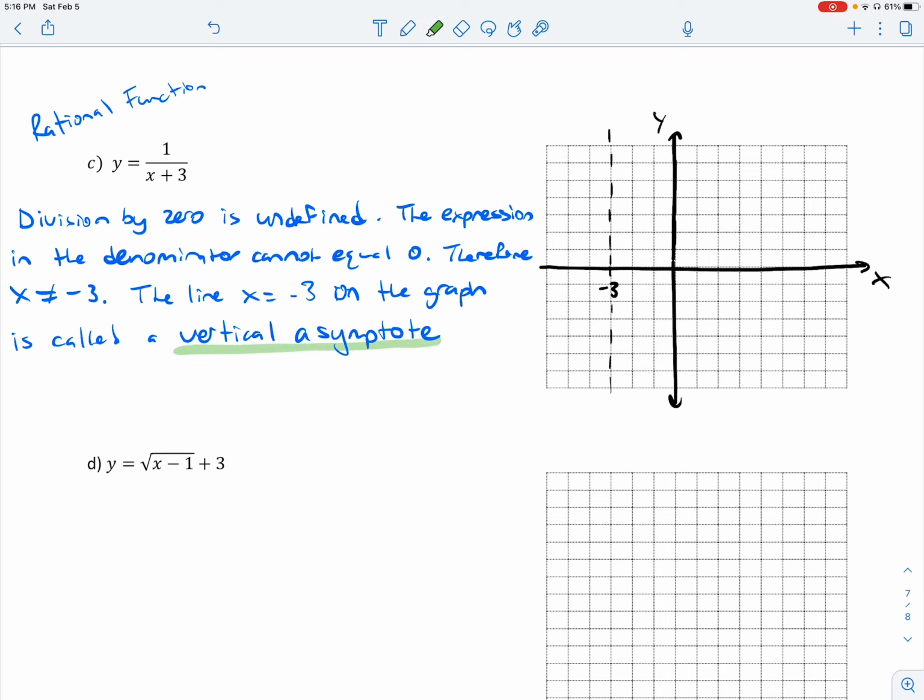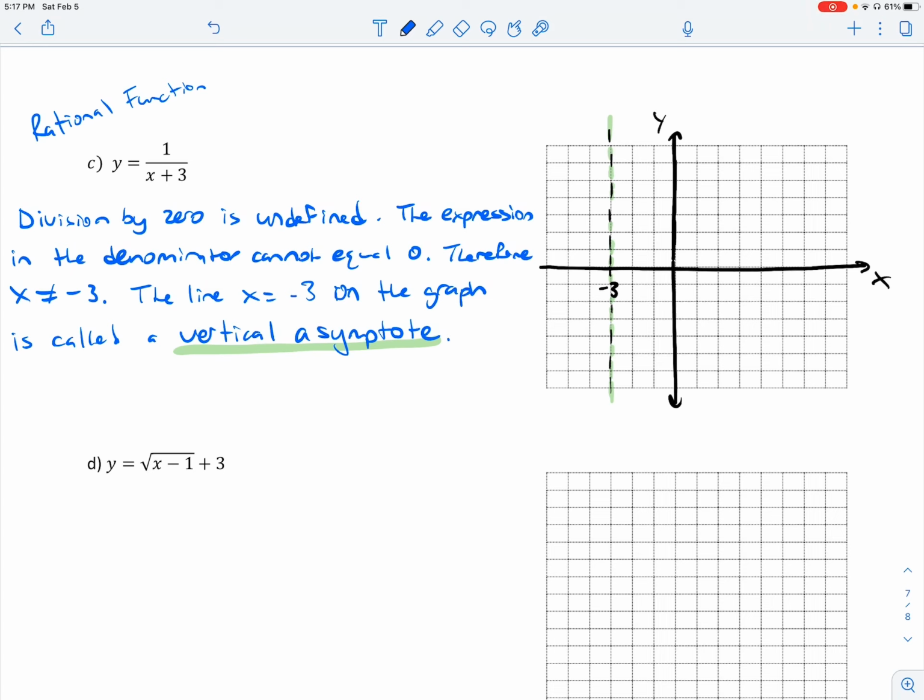This vertical asymptote is this line right here that I've drawn. Okay. It's basically a boundary line. So it doesn't show up in the graph. If I put this equation in Desmos, you're not going to see that boundary line unless the settings are turned on to show it. But most likely you won't see it, even if you're using your graphing calculator at home.